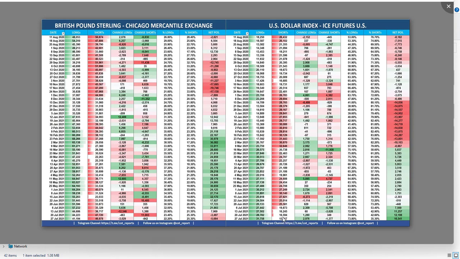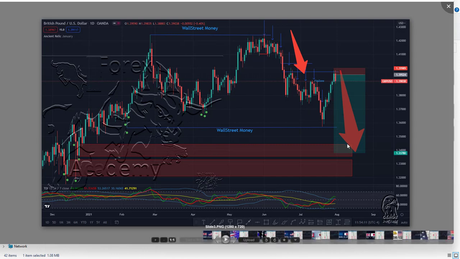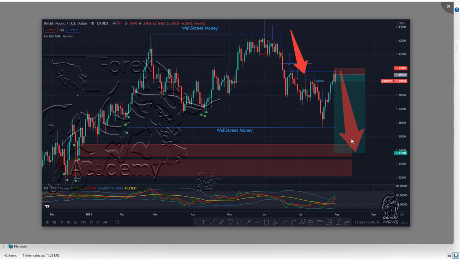So the shorts are dropping, and also the net positions are growing from 12k to 16k, meaning we might see the dollar being strong, and that simply means we will be having a drop coming this week. This has been my anticipation for the past 2 months, and by the way, the GBP has been bearish.